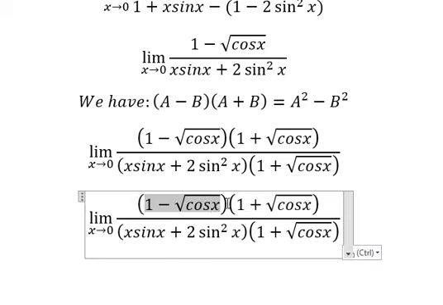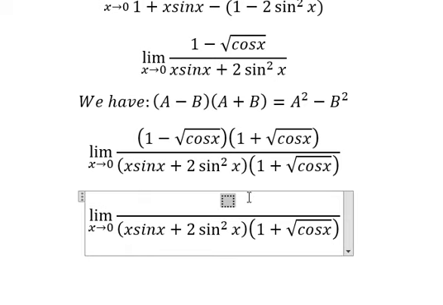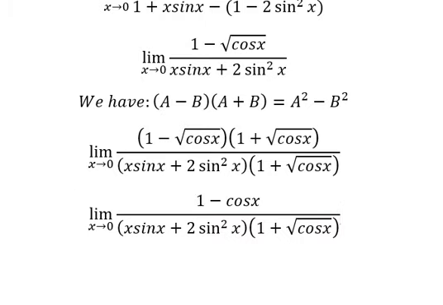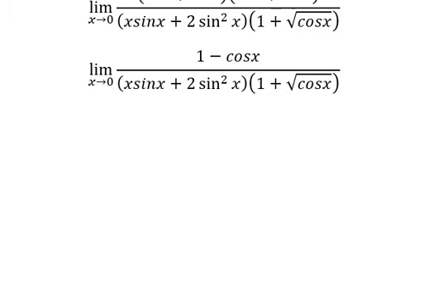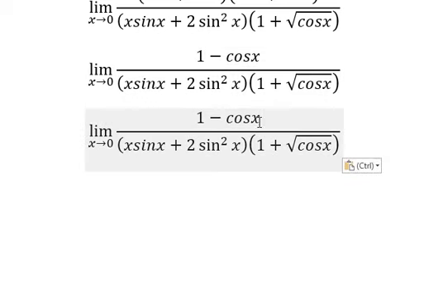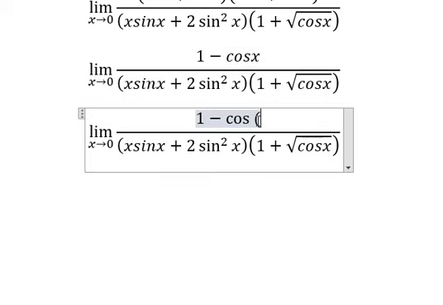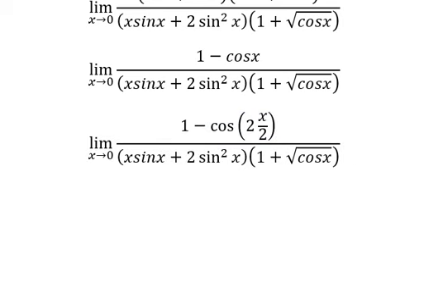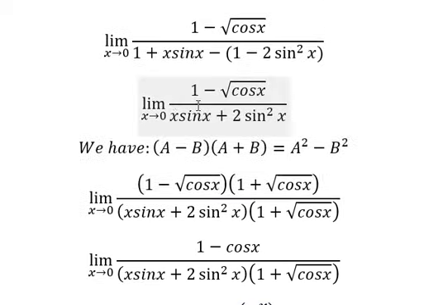And now this one, we have like this. Next, we know that cosine x is cosine of 2 multiplied by x over 2. And now we apply this formula in here.